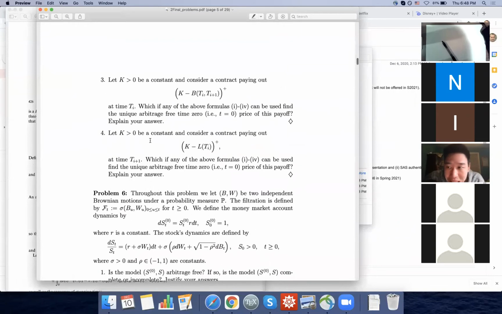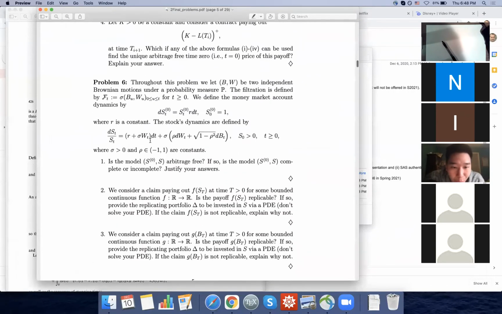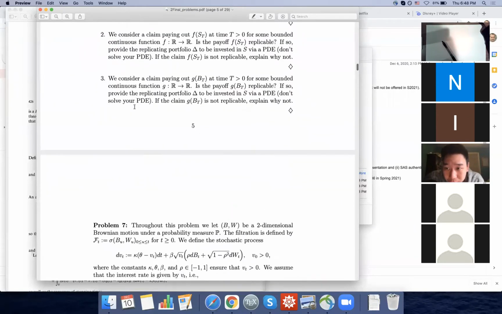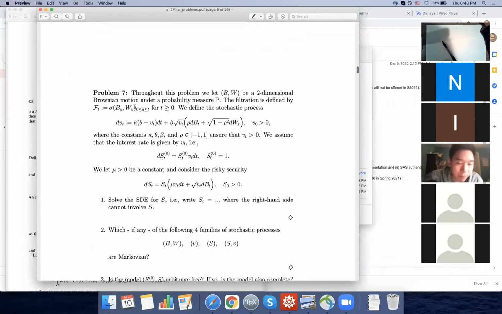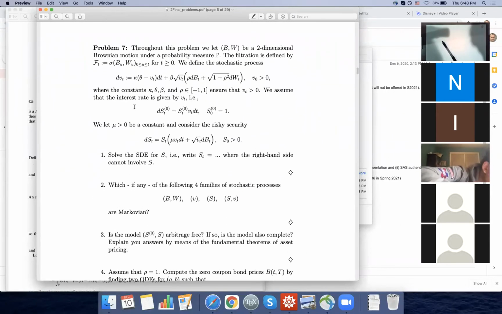The problem I had in mind was, so we were talking a little bit about number 6 last time. So the next one is number 7. Again, number 7 is one of these models that has 2 Brownian motions. And then there's this V process, which is familiar to us.